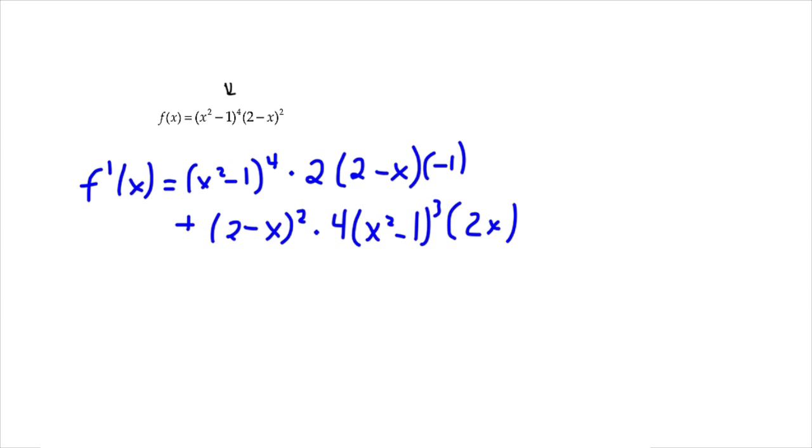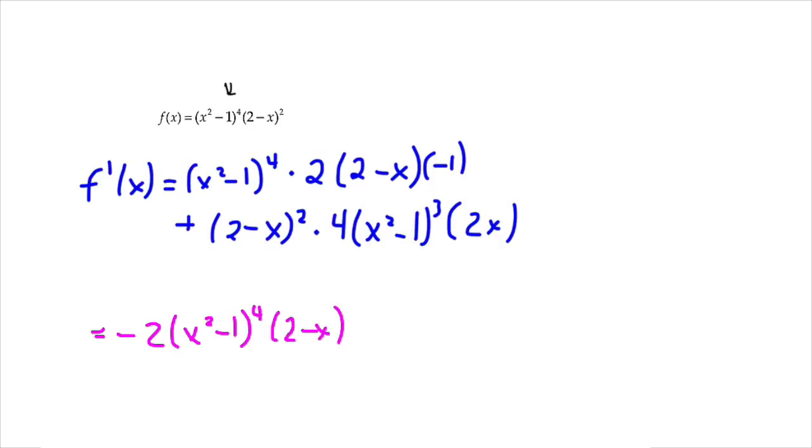Now, to make this look nicer, I'll write it all in one row in purple or pink or whatever. We have (x squared minus 1) all to the fourth. And here's what I'll even do, actually. Hold on. I'll recognize that there's going to be a negative 1 and a 2 there, so I'm going to write negative 2 up front, times (x squared minus 1) all to the fourth, times (2 minus x).